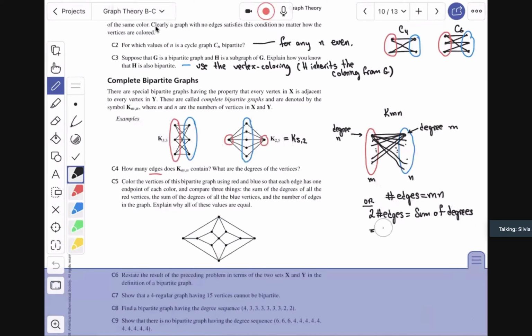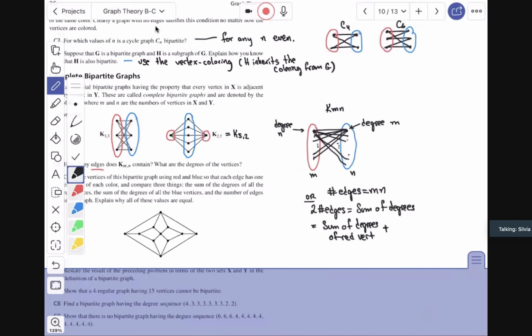And here I can separate it as the sum of the degrees of red vertices plus the sum of the degrees of the blue vertices.